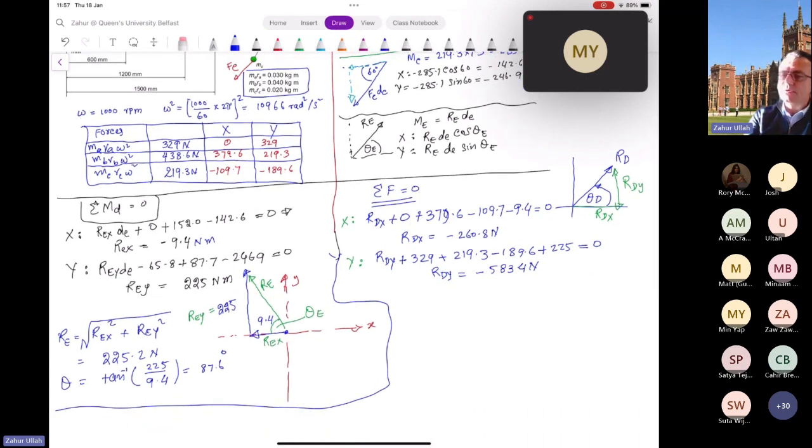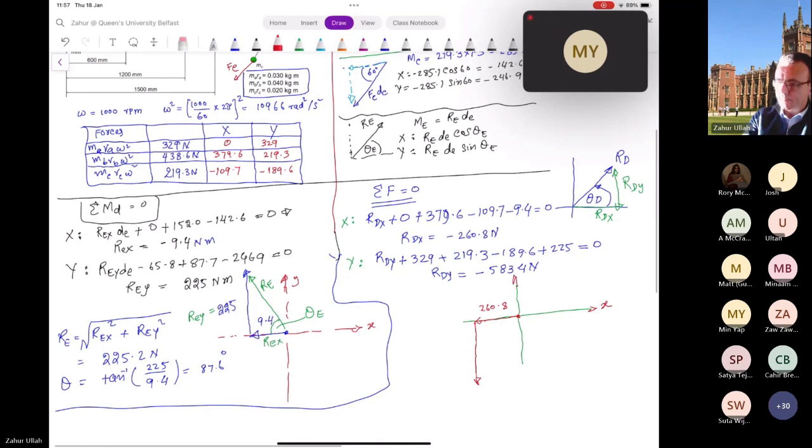So now you can draw the updated diagram for this force RD. So just draw its x and y component. So the x component is obviously in the negative direction, which is in this direction, which is around 260.8. And the y component is again in the negative direction, the negative y direction. So this is your x and this is your positive y.